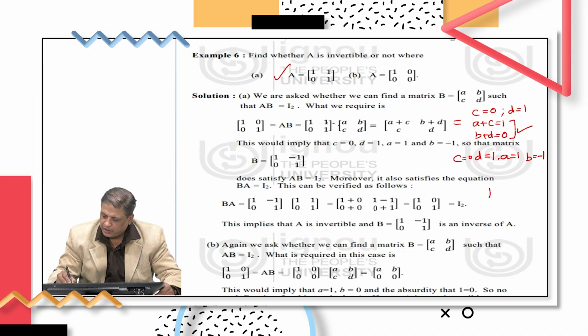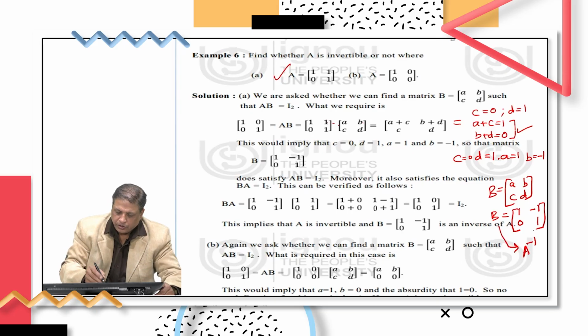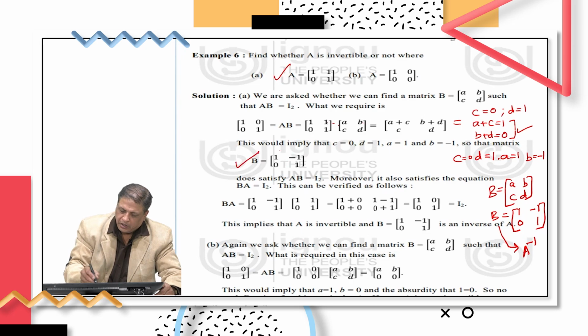So our matrix B was a b c d, that means B is equal to 1, minus 1, 0, and 1, and this is nothing but A inverse. This satisfies that A into B is equal to an identity matrix In.